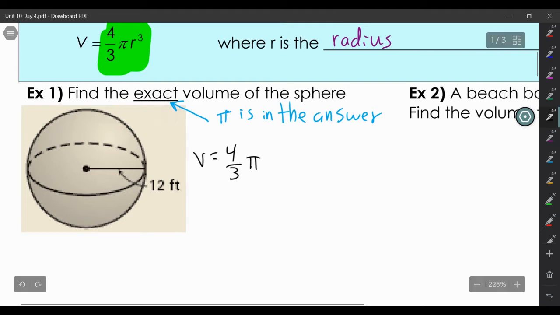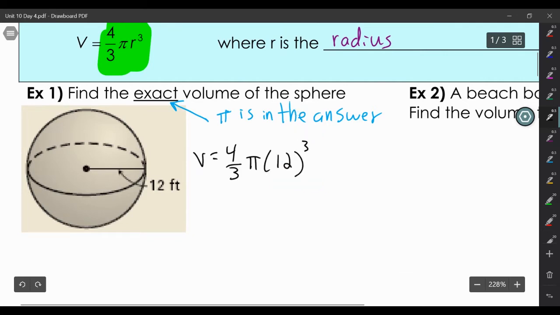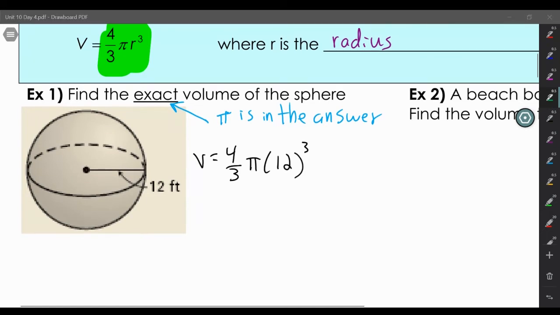The radius is 12, so 12 to the third power. In the calculator, it's probably easier to type in 12 to the third power first. So let me show you.